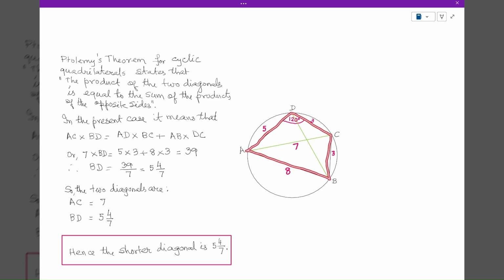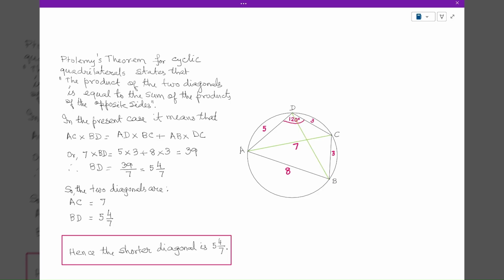One pair of opposite sides is AD and CB. The other pair of opposite sides is DC and AB. The sum of their products is AB multiplied by CD plus BC multiplied by DA. This sum is equal to the multiplication of the two diagonals, that is AC multiplied by BD.